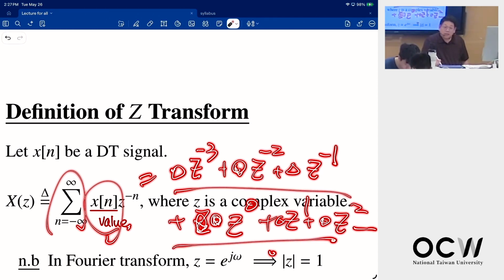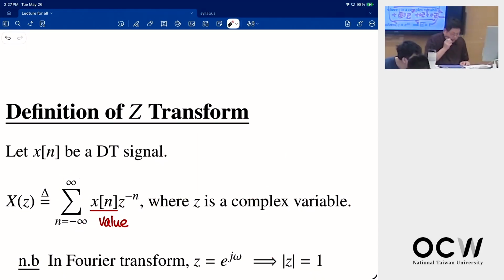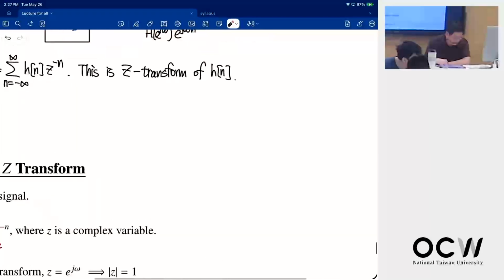This is like a polynomial of z. So for the Z transform, maybe it is easier for you to imagine than the Fourier transform or Laplace transform, because this is just like a polynomial.